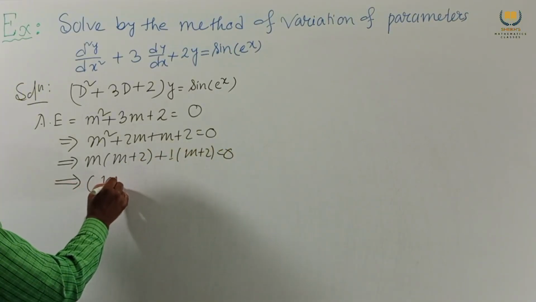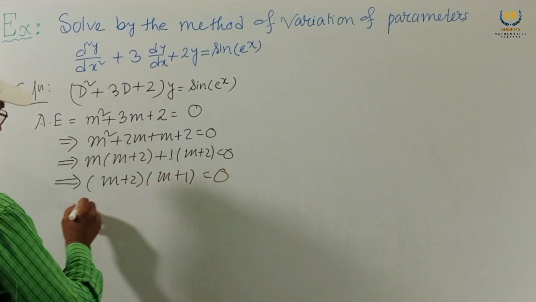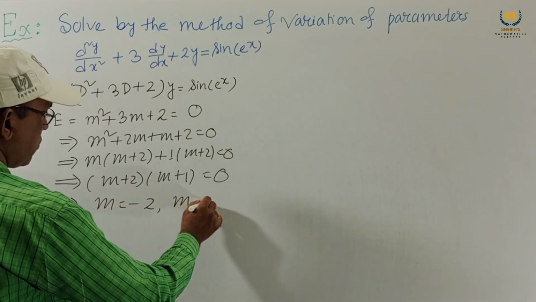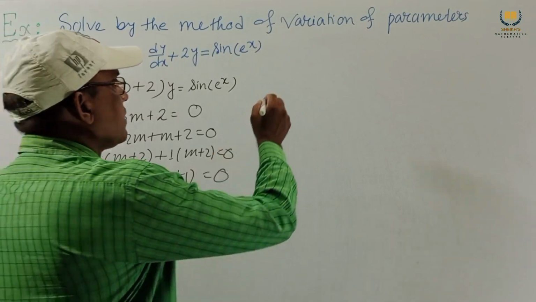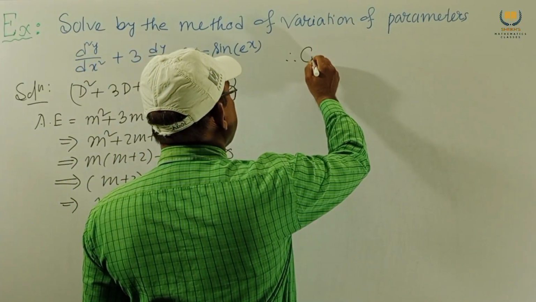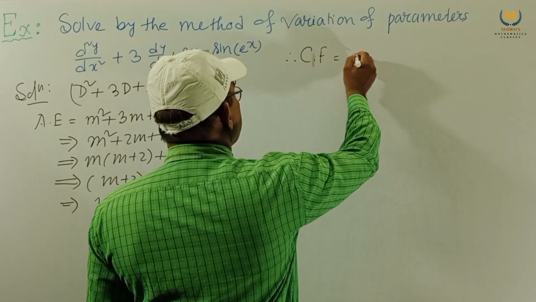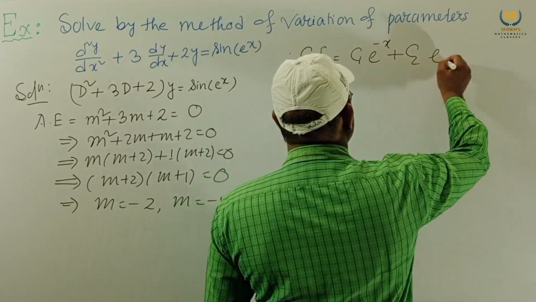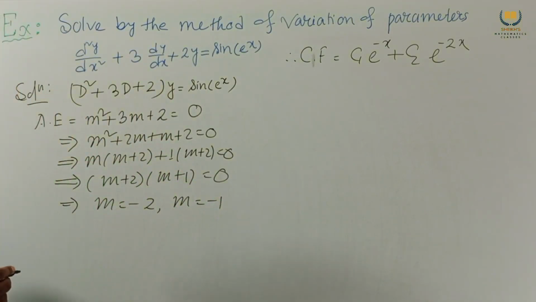Then m plus 2 is common, so (m plus 2)(m plus 1) equals 0, and m equals minus 2, m equals minus 1. Therefore, the complementary function CF equals C1 e to the power minus x plus C2 e to the power minus 2x. This is our complementary function.